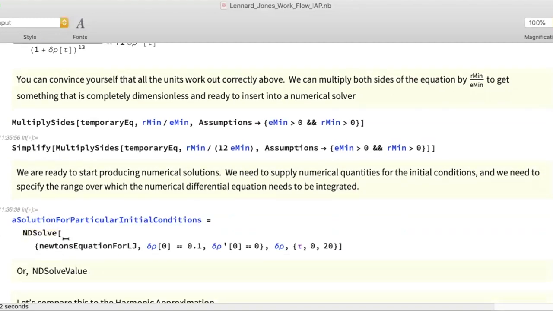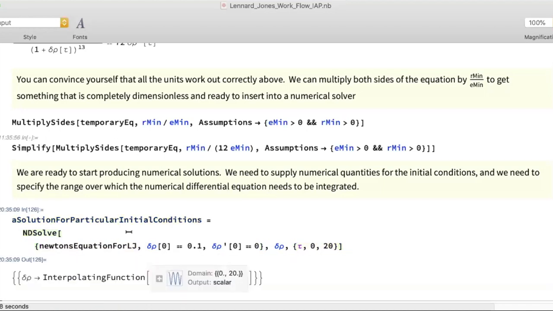And for this to happen numerically, everything inside here, this equation, has to be able to evaluate numerically. So what I'm doing is saying the displacement value rho at time equals 0 is 0.1, and the velocity is equal to 0. And because this is a numerical solution, I have to tell it how far I want to integrate my time-like variable. Okay, so that was my numerical solution.